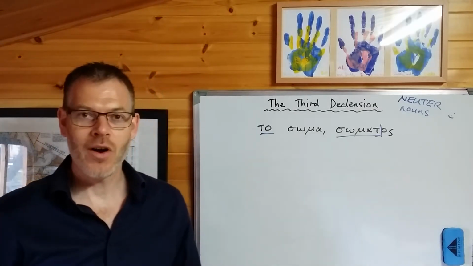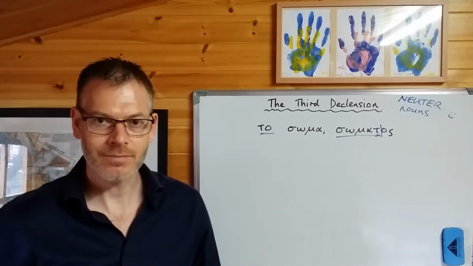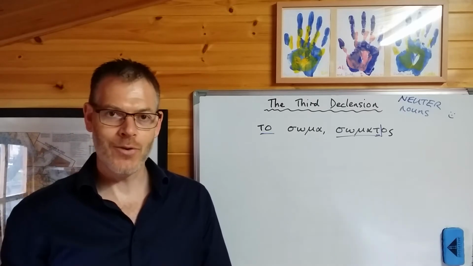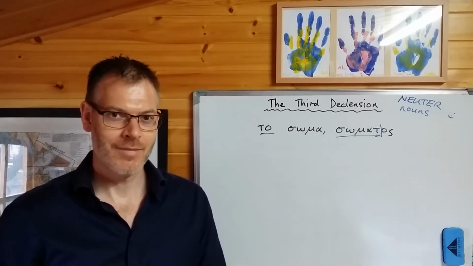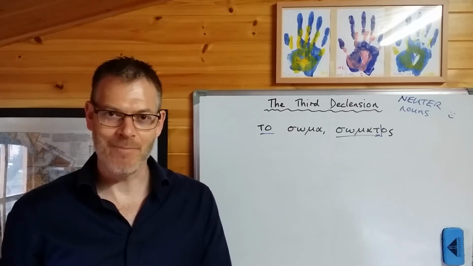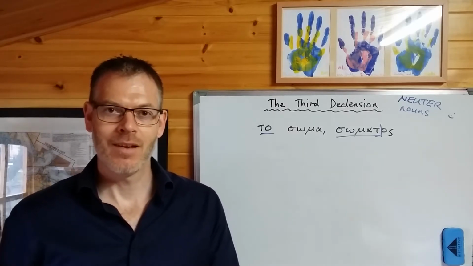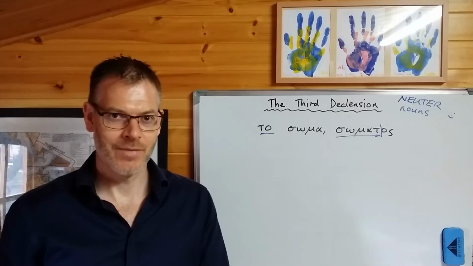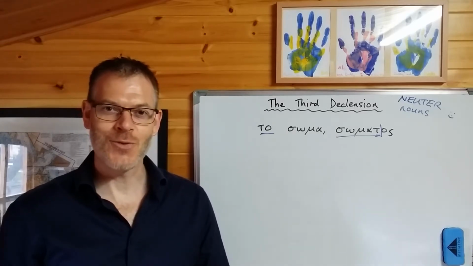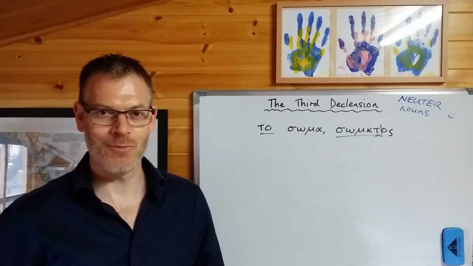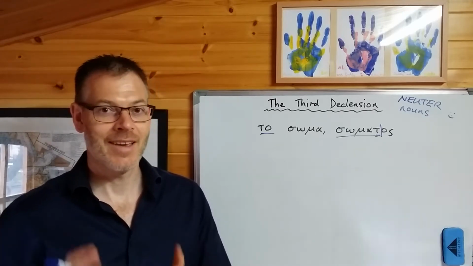Now, there's one other piece of information that you know about neuter nouns in general, which distinguishes them from masculine and feminine nouns. Can you remember what it is? It's to do with the nominative and accusative forms of neuter nouns. Yes, you've remembered it.